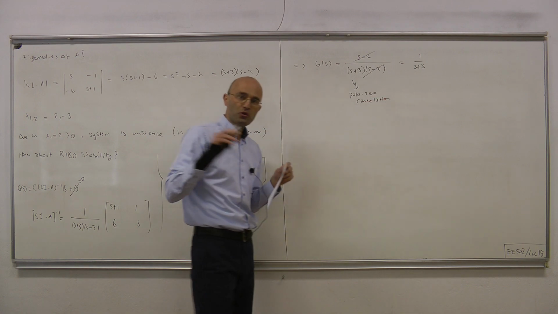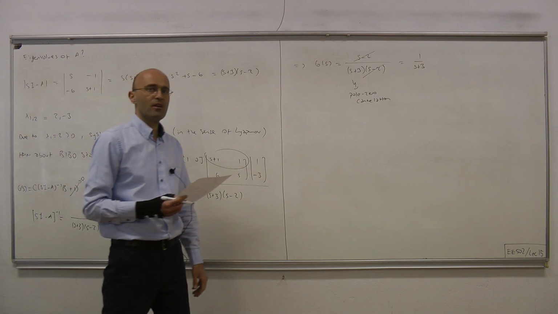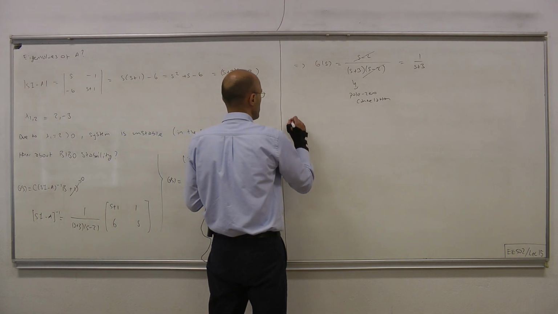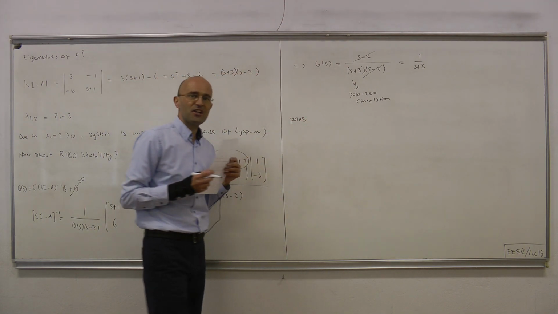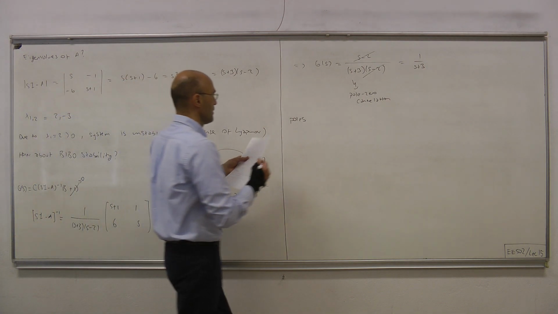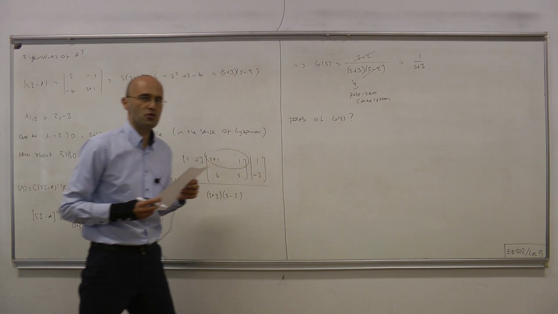Okay, and no pole zero cancellation would mean the order of the transfer function would be equal to the order of the system. Now once we have the transfer function, we can say exactly whether the system is bounded input, bounded output stable or not. So what are the poles of the transfer function G of s?